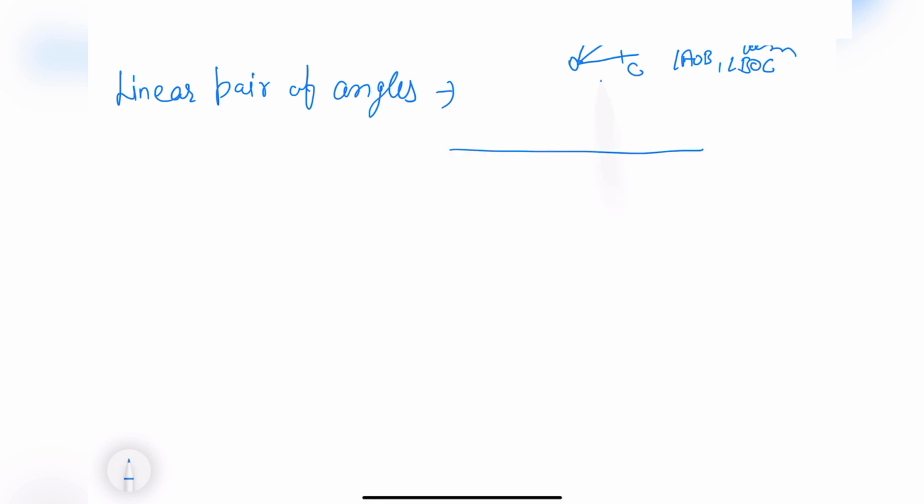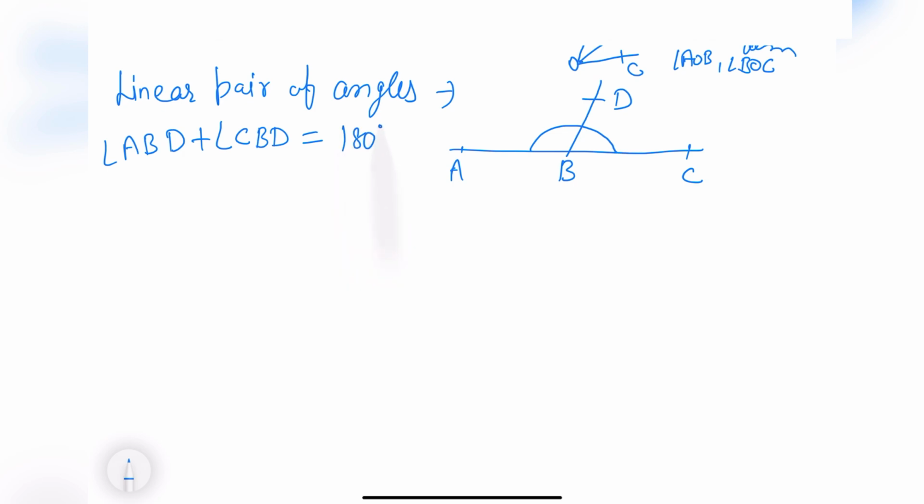Like we have this a straight line and this has an angle A, B, C, D. So it completes half of the circle. So angle ABD plus angle CBD makes a linear pair and the sum of linear pair is equal to 180 degree.